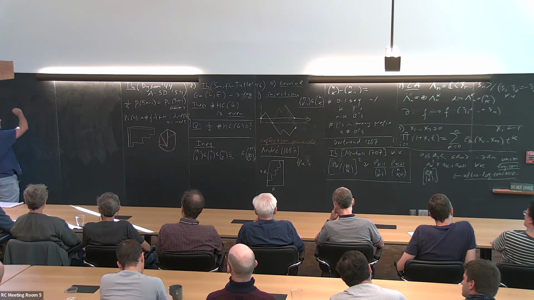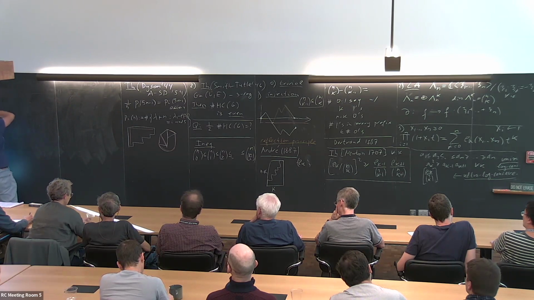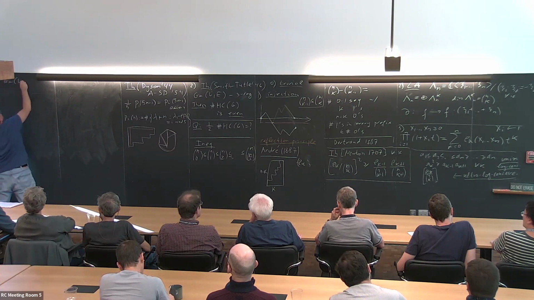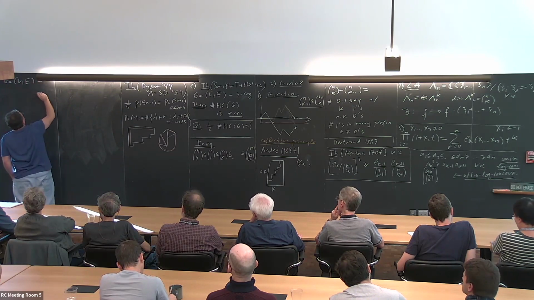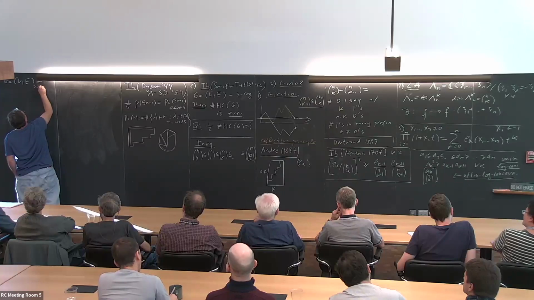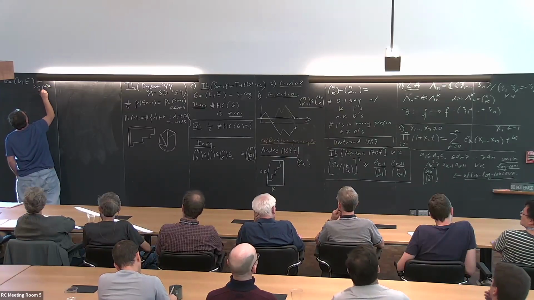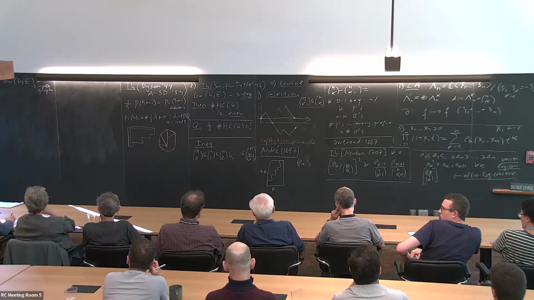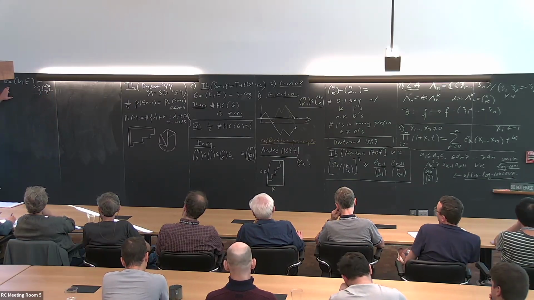I don't know at what number I am. Let's say 4. So suppose G is a graph. That's a simple graph, so no loops, no multiple edges, even though that's not super important.